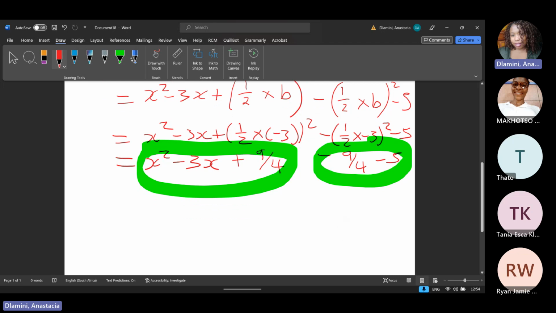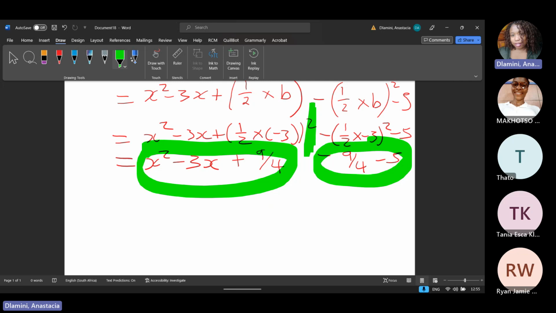Does it make sense, guys? You see this part here, where we added and subtracted? Let's say you draw a line, and you focus on what is on the right of the line and what is on the left of the line.